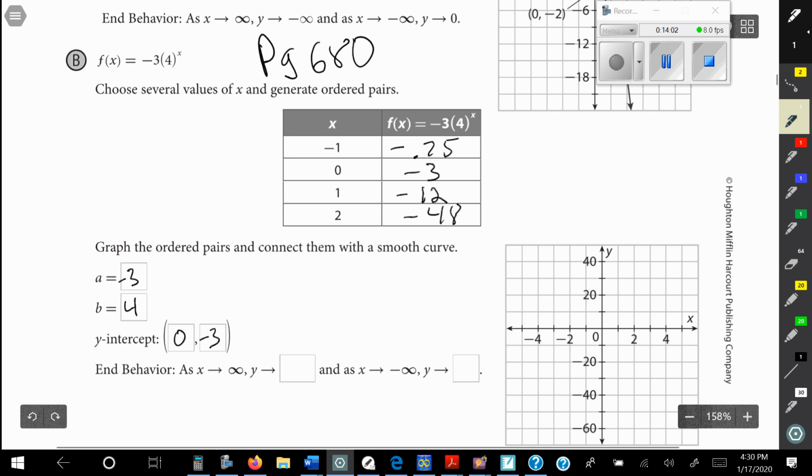Okay, for negative 1, it gets real close to negative 0.75. Okay, and then at 0, we're at negative 3. At 1, we're at negative 12. And at 2, we're at negative 48.